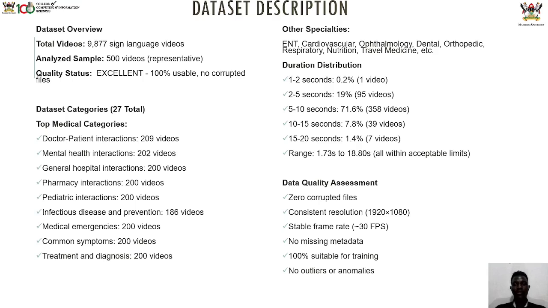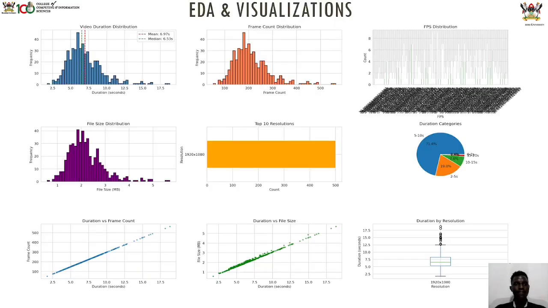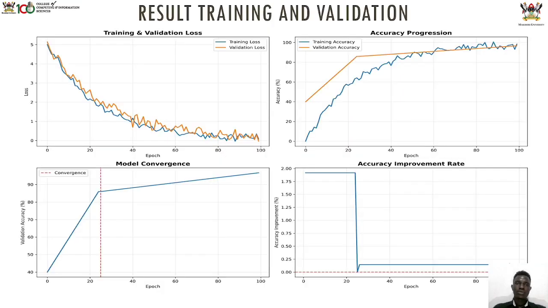It was 100% suitable for training our model. So the visualization, as you can see on the screen, frames versus duration is directly proportional, as you can see on the graph, almost. And then duration versus file size is also almost directly proportional. So we'll go to the next.